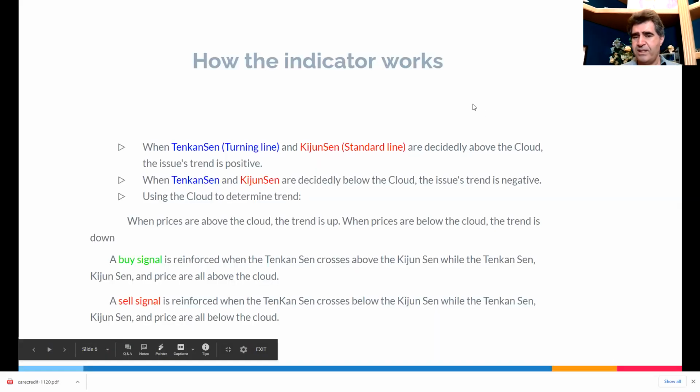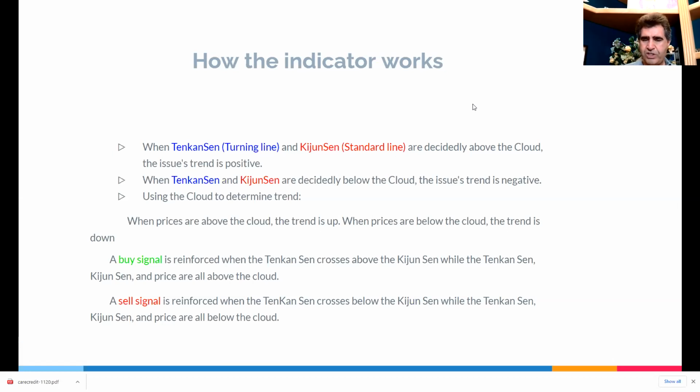Now, how do we use these indicators? How do they work? Just to give you a simple idea, when our turning line, which is our fast line, and our standard line, which is a little slower, are decidedly above the cloud, that means we're in a positive trend and it's a bullish stage.